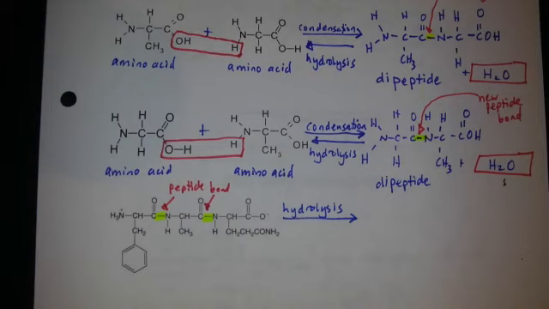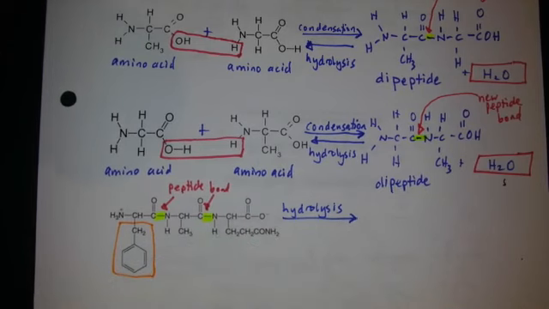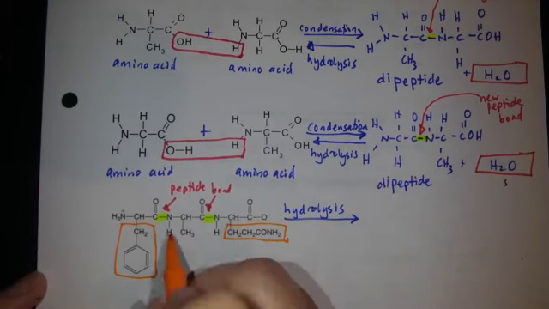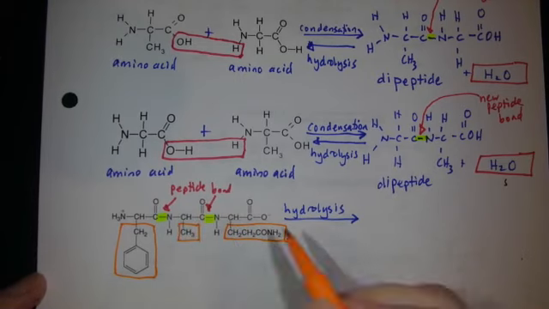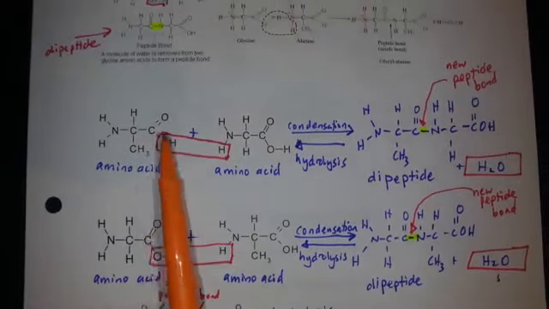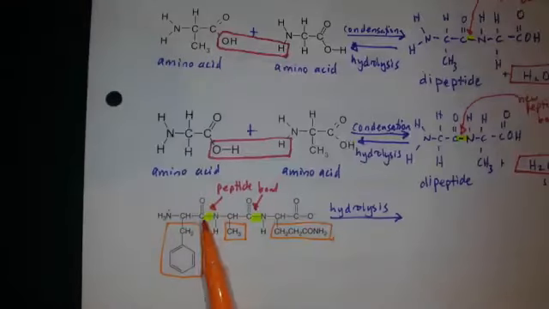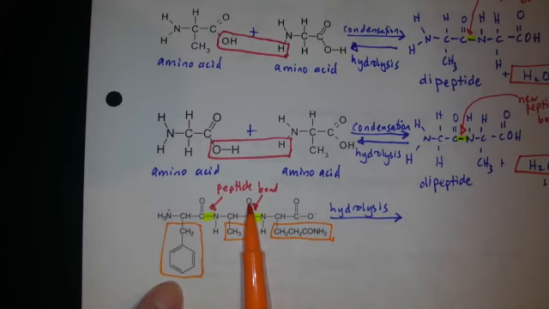I can, if I want to, also say what are the side chains that were used to form this amino acid. And I see these 3 side chains. How do I know that's the side chain? Remember, all the way back to what an amino acid looks like. The carbon that's next door to the amino group has an H and a side chain. So here was the amino acid, H and a side chain. This came from the amino acid, carbon double bond O, H and side chain, carbon double bond O, H and side chain.